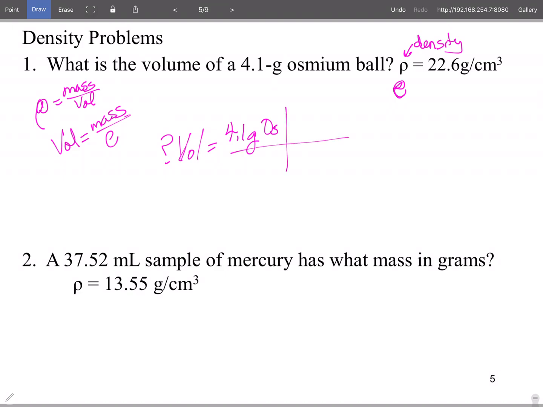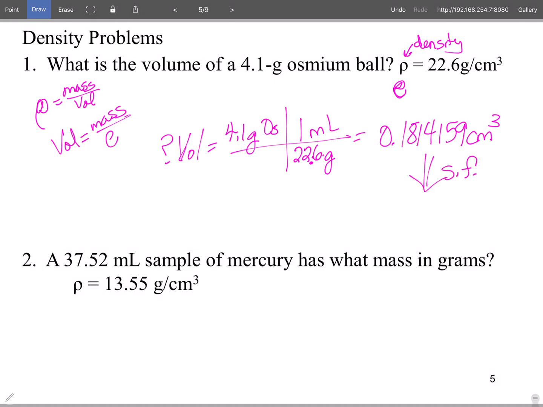I know that the density is given, and because I need grams in the bottom, that's 22.6 grams per 1 milliliter. We do the math, and we find out that it is 0.1814159 cubic centimeters or milliliters, doesn't matter. Again, if we were doing significant figures, we would end up with 0.18 cubic centimeter.